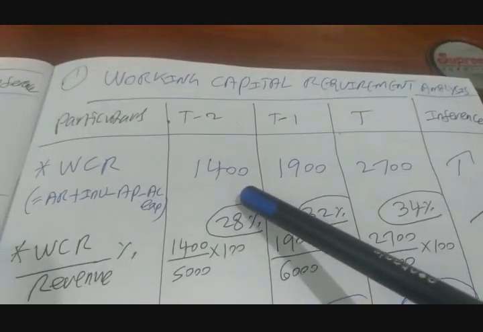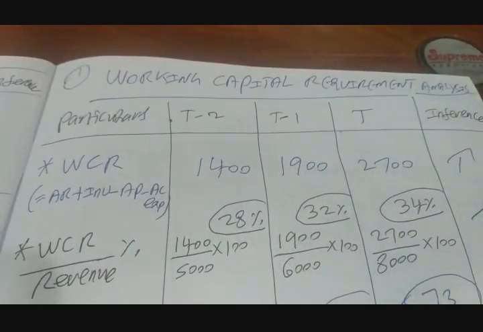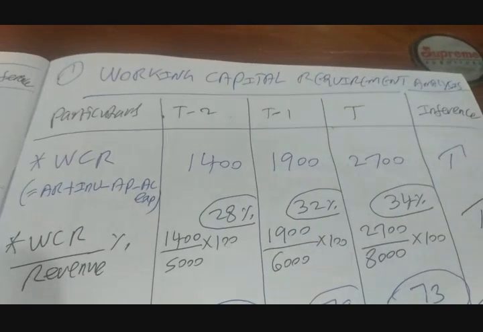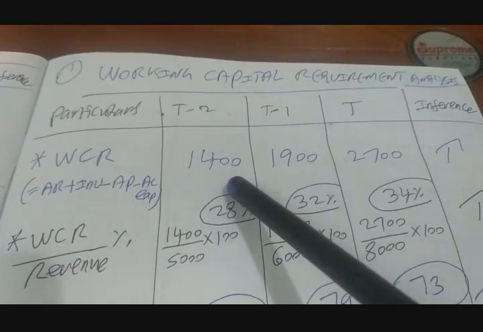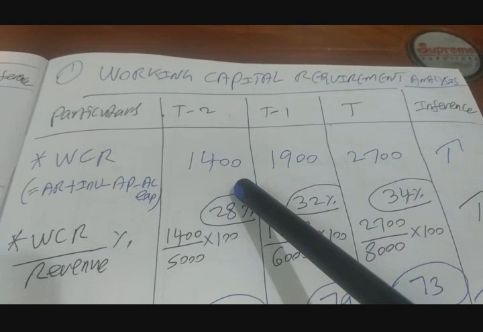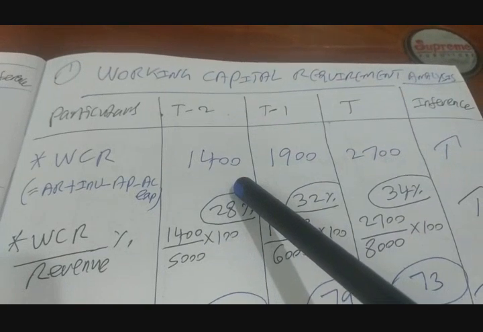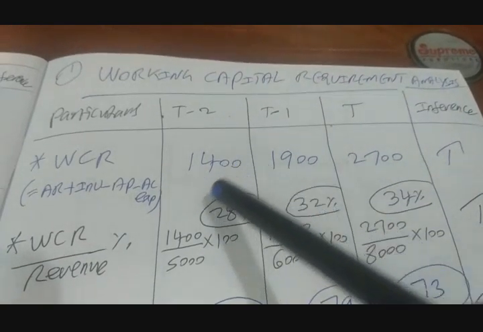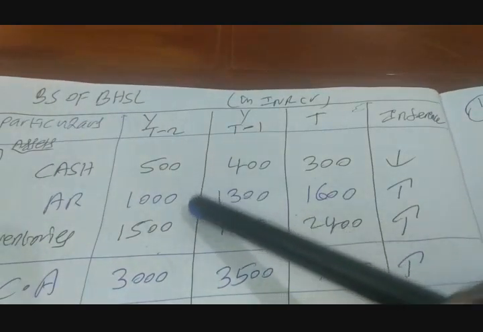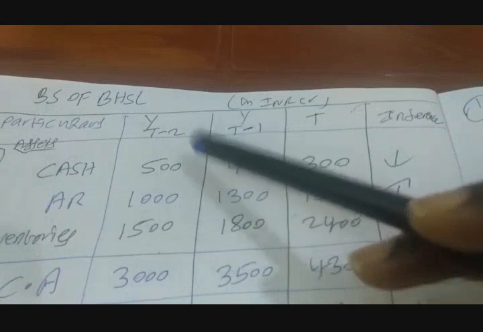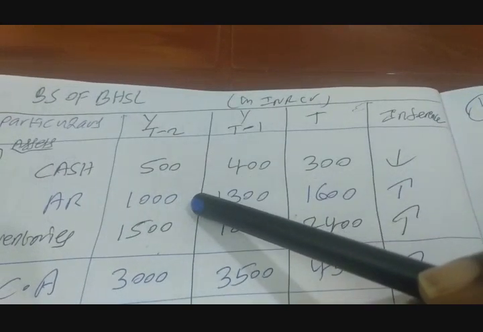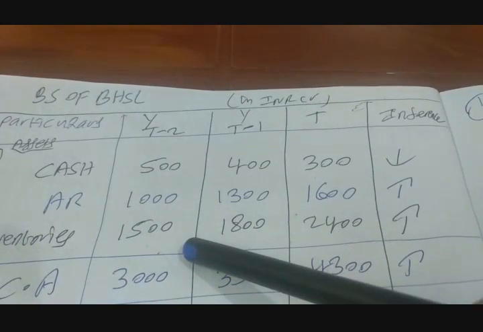For the year T minus 2, how much is it? Could you calculate, guys? For the year T minus 2, it was 1400. How did I arrive at this? Let's go for year T minus 2. Accounts receivable, cash we are not considering. Accounts receivable 1000 plus inventory is 1500.